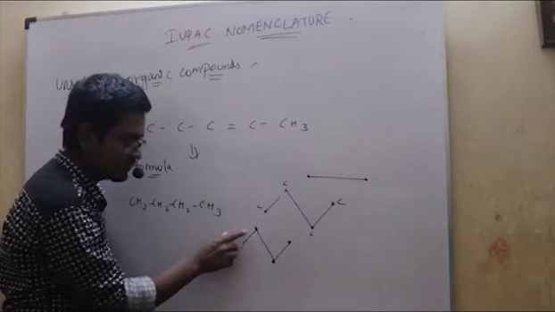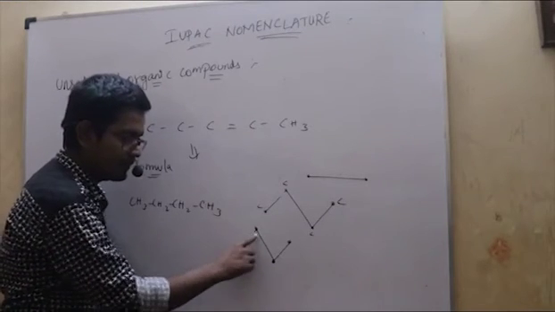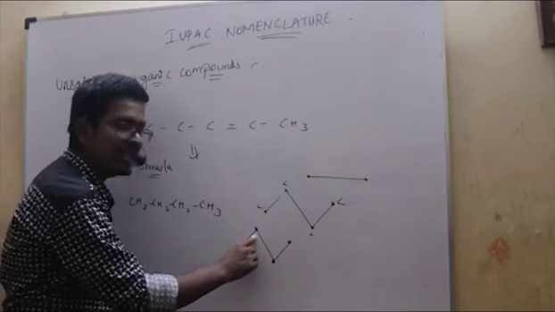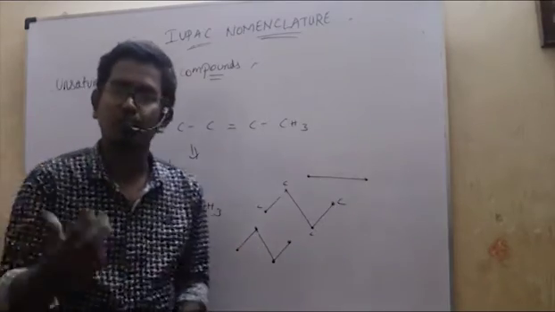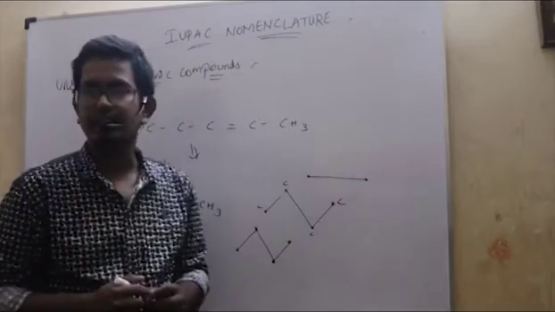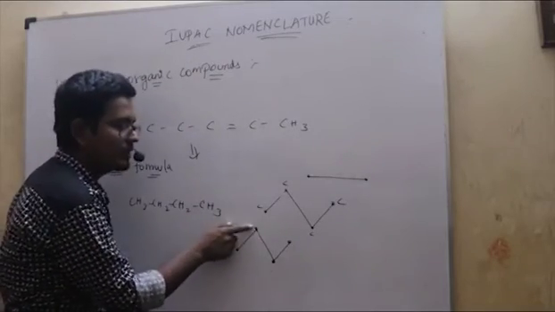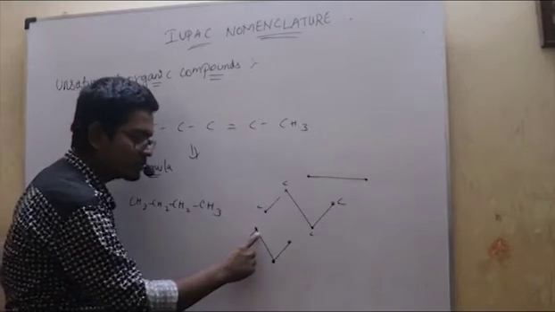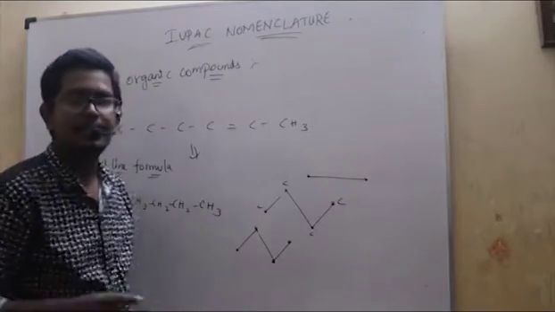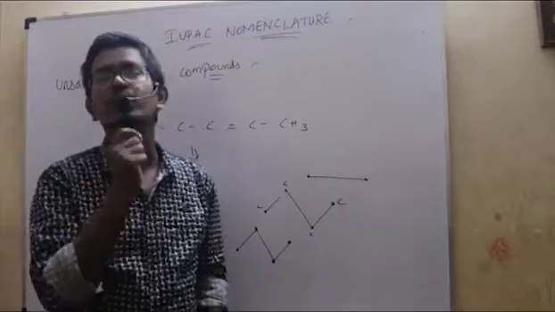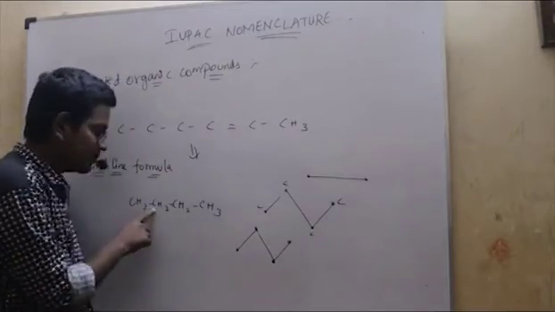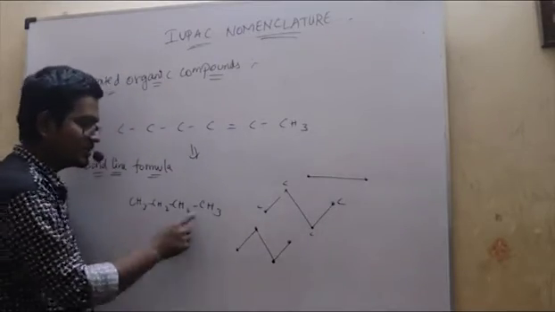At both ends carbons are there, and between the carbons, however many lines are present, that many bonds are present. Once again I am saying, between the carbons, you can see it is also a carbon, it is also a carbon. Between these carbons a single line is present. That means between the carbons only a single bond is present. This bond is nothing but a line here.